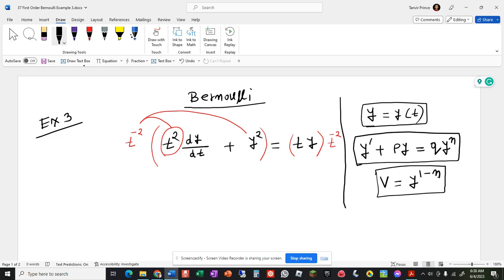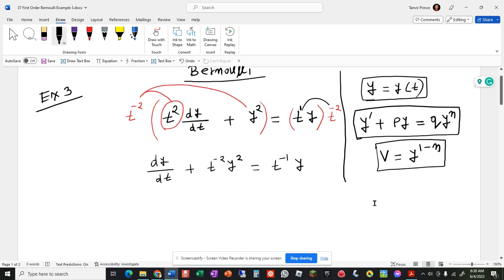So I get dy/dt plus t to the power negative 2 y squared equal to, and when I multiply this out I get t to the power negative 1 y, because remember there's an invisible 1, and when you add the exponents you get negative 1.